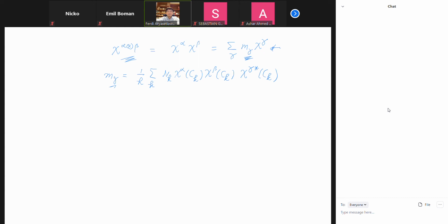So we've been discussing this in rather general terms. We have two functions or two states, psi alpha i and phi beta j, like this. And then we form a direct product of these.